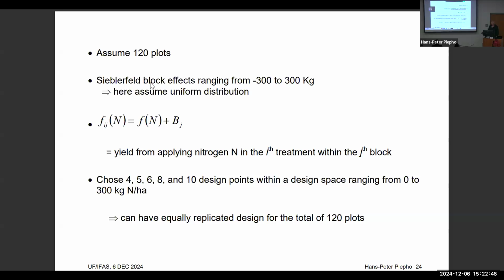So we've now applied this to the same experiment, same dimensions, basically. We assume that we have 120 plots. So for the optimal design, of course, we can also ask, okay, how many plots do we need? You can actually solve that problem in 2 steps. You can say, okay, given a certain number of plots, what's the optimal design? But then you can also ask, how many plots do I need?